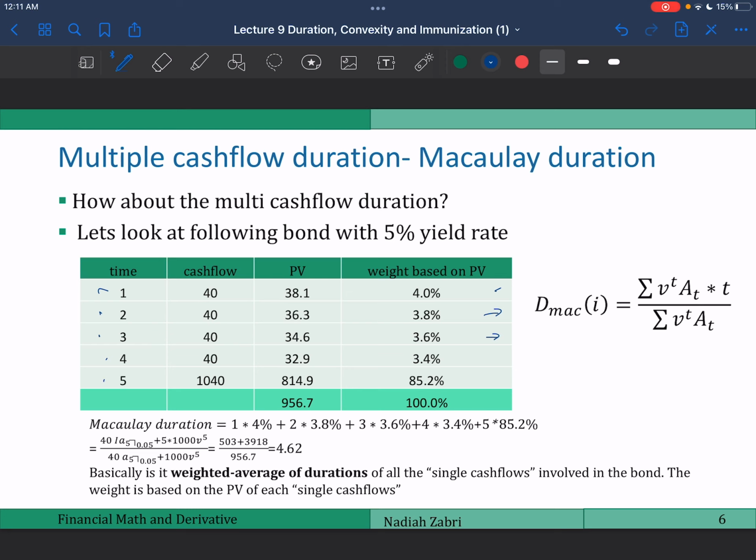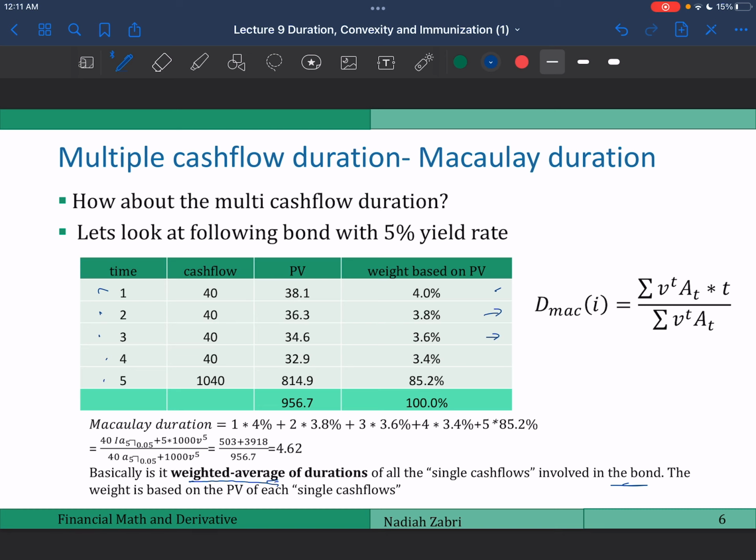So the Macaulay duration that we will calculate to represent the duration for these multiple cash flow assets is the weighted average of the durations of all of the single cash flows involved in this multiple cash flow asset. So we want to calculate weighted average. What are the weights used? The weights are going to be based on the present value.